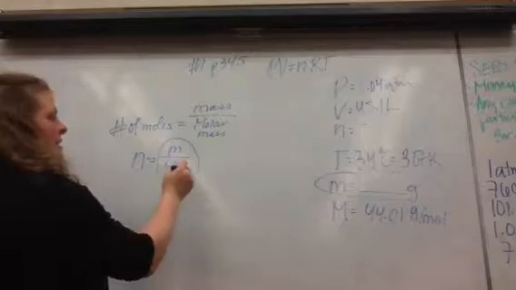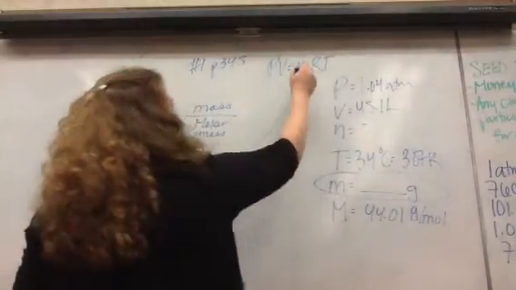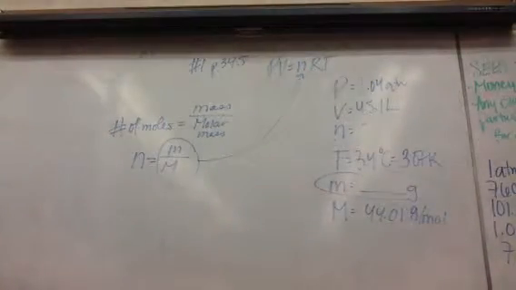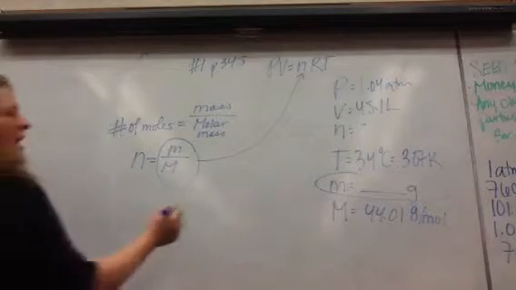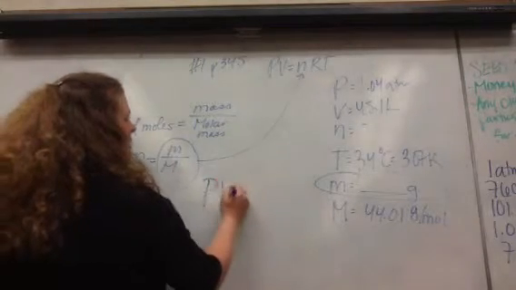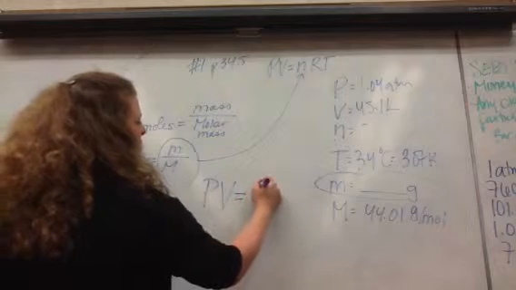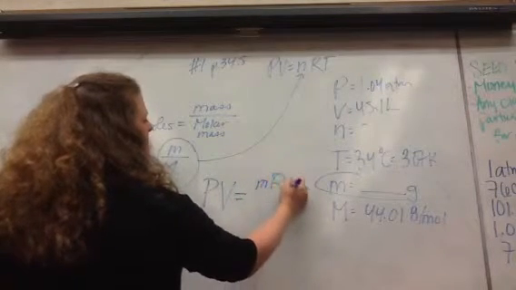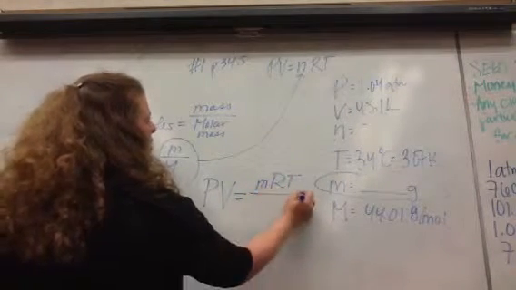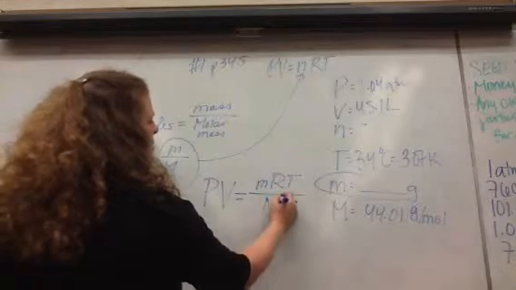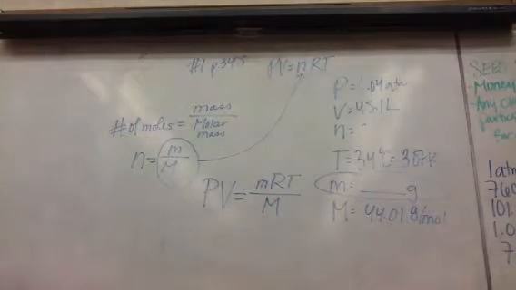We can take this and plug it into the ideal gas law. So we now have PV equals little m over molar mass.